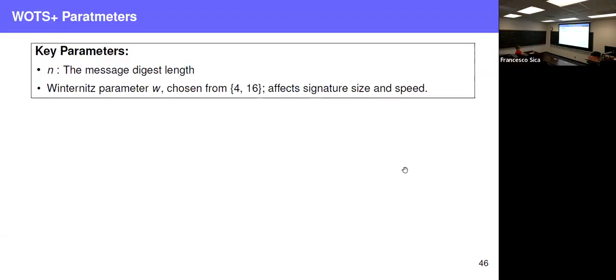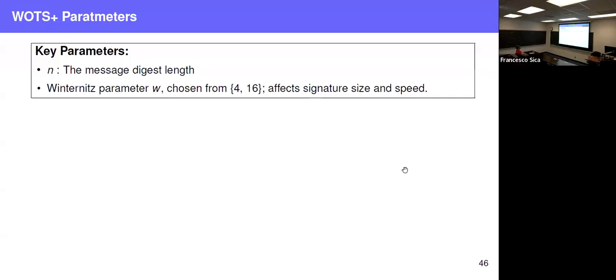WOTS has two key parameters: n, the message digest length, and W, the Winternitz parameter. Winternitz can be chosen between 4 or 16, just 4 or 16. By choosing the Winternitz parameter, we can decide whether the signature size is going to be large or not.